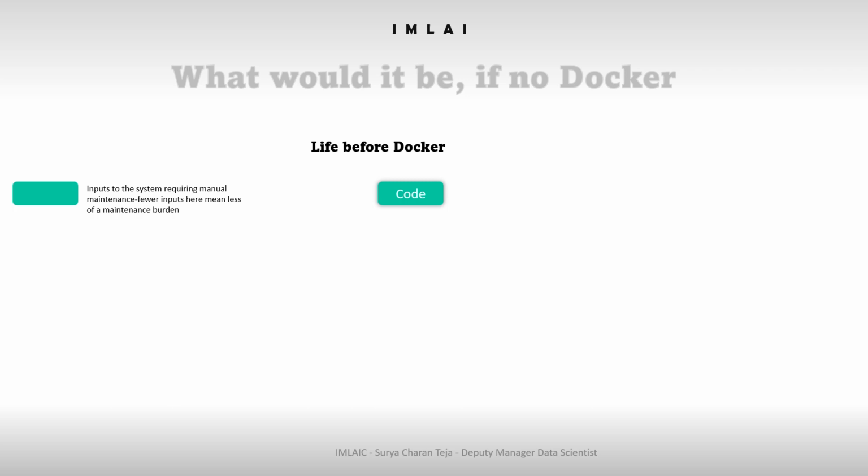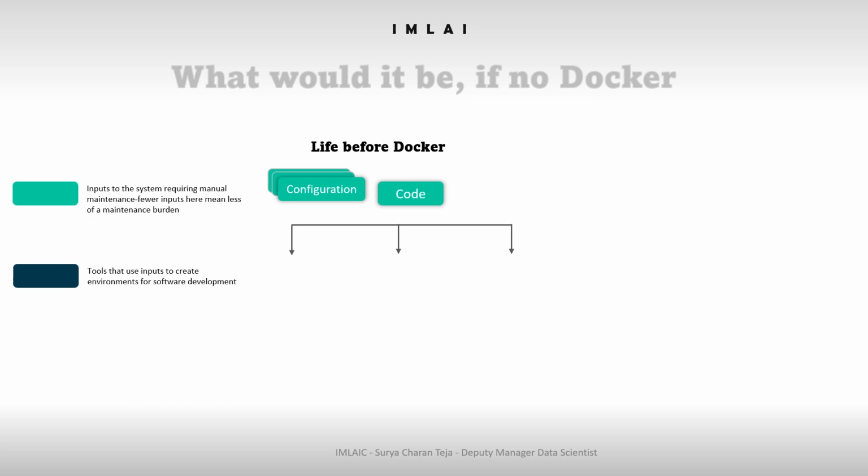Once the source code is ready, the configuration tools and provisioner tools like Terraform and Vagrant come into the picture. Here we have three tools: Vagrant, Jenkins, and Chef.